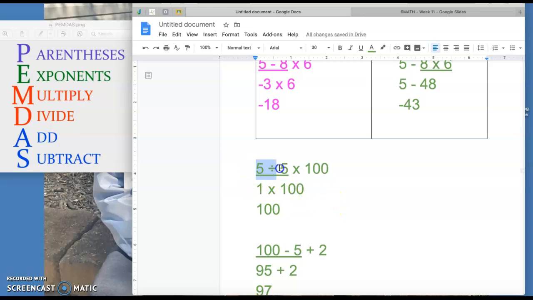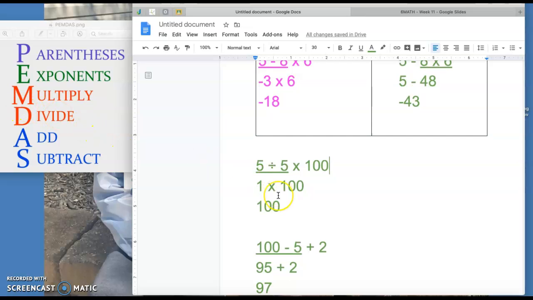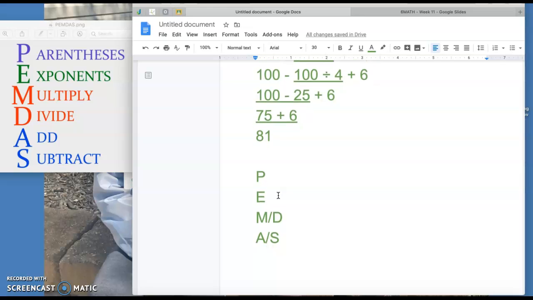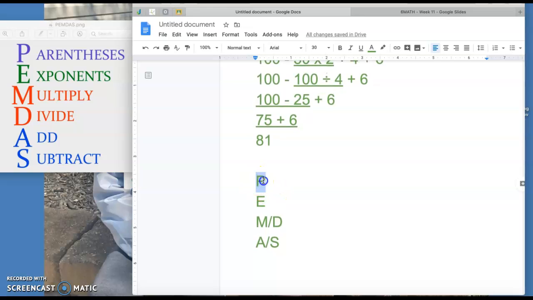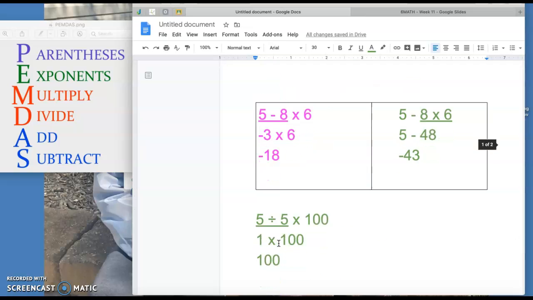So if you look here, I have 5 divided by 5 times 100. Order of operations looks like it should be multiplication first, but they're both red, which means you need to work from left to right with multiplication and division. So I wrote it out down here a little bit better. Parentheses first, then exponents, then multiplication or division, whichever one comes first, then addition or subtraction, whichever one comes first.